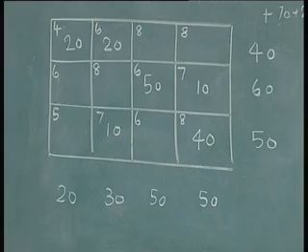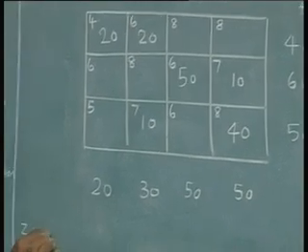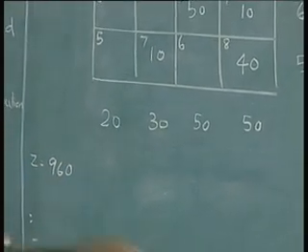So this has Z equal to 960 with which we started.